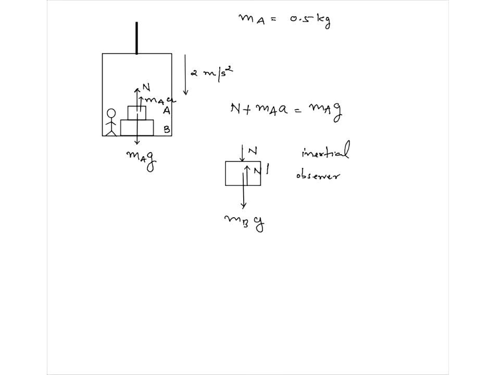Sir, N is equal to 3.9 Newton per meter square. 3.9 is close to 4, so that should be fine.